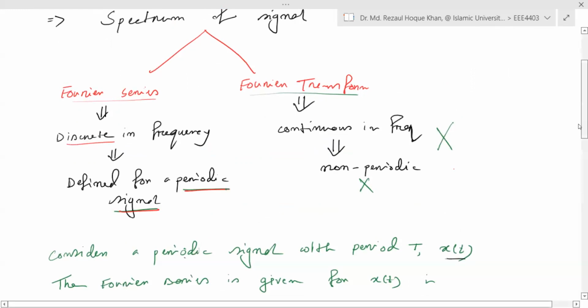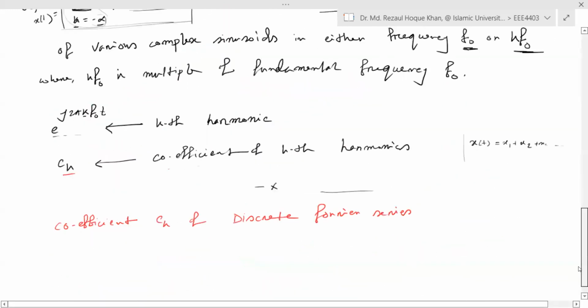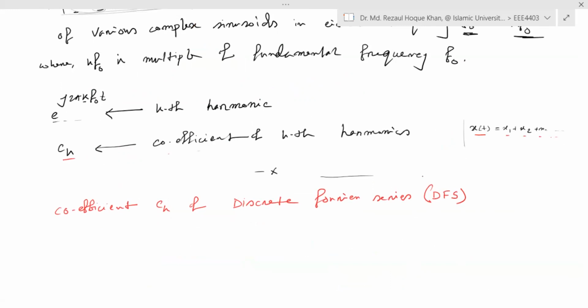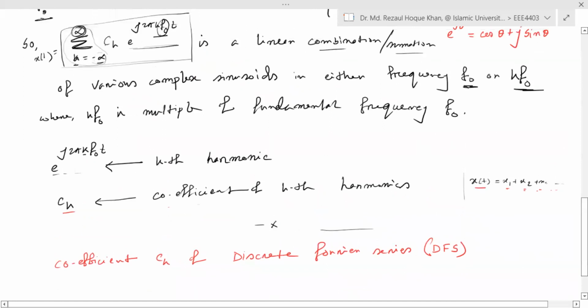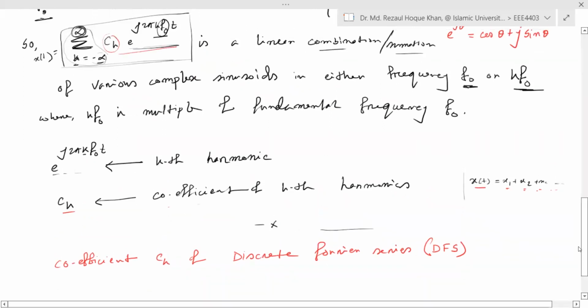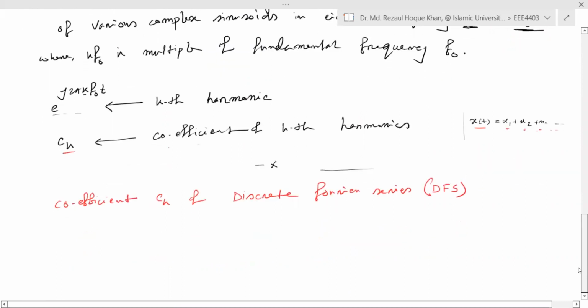So x(t) is expressed as a discrete Fourier series. ck is also a coefficient, because every ck is a part of these harmonics. So ck is the coefficient of the discrete Fourier series, right?